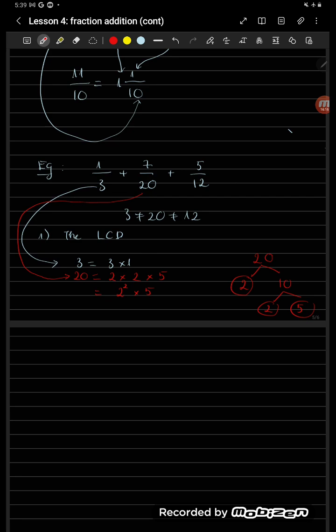Okay, and now we'll keep going with the denominator 12.